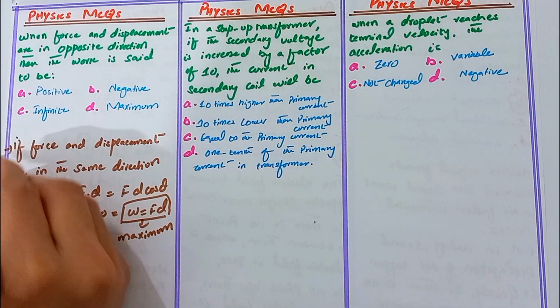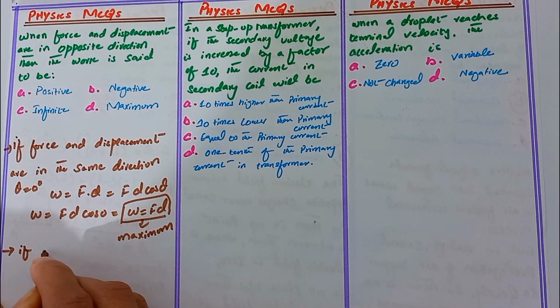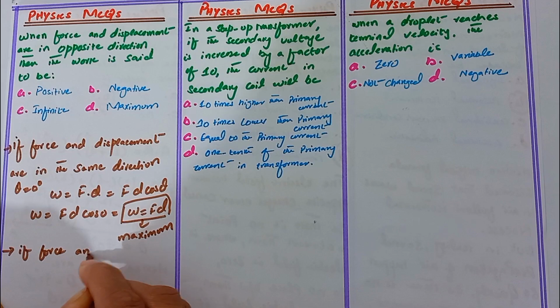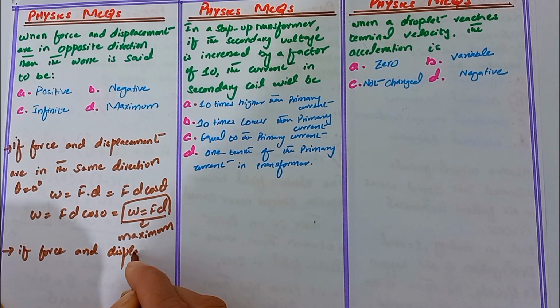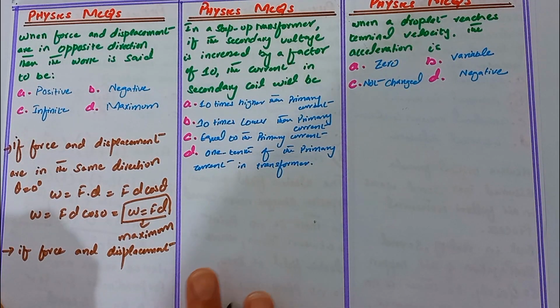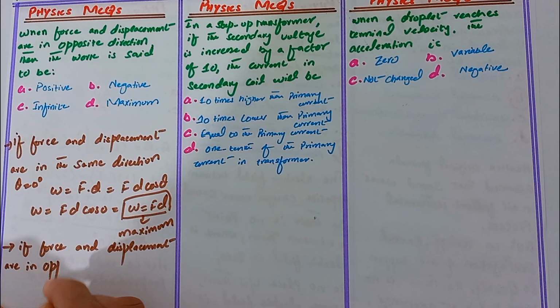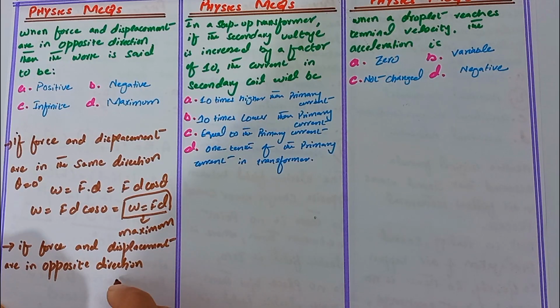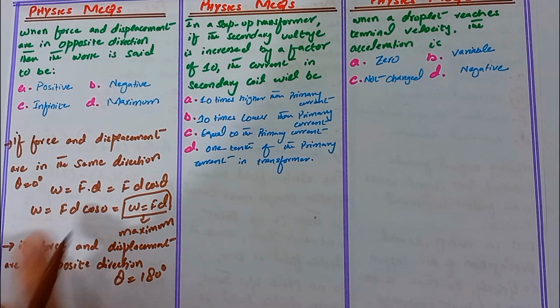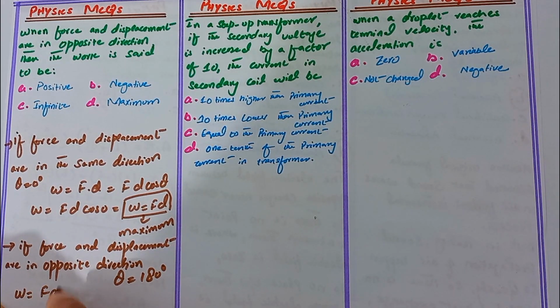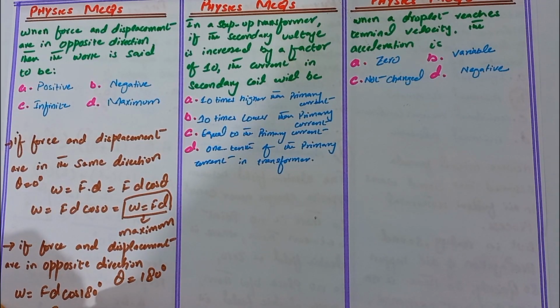Now we discuss the second case. Second case is if force and displacement are in opposite direction. When they are in opposite direction, then the angle is 180 degree. Put in this formula, work done is F times d cos of 180 degree, cos of 180 degree is -1.